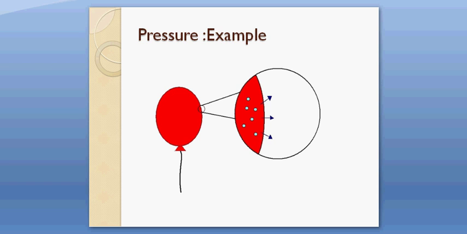This balloon has a flexible wall, and when the molecules exert pressure on the wall, it blows into a bigger size. This is pressure with respect to the collision of the molecules of the gases. I hope you have understood. If you do this activity at home, you'll surely understand the pressure.